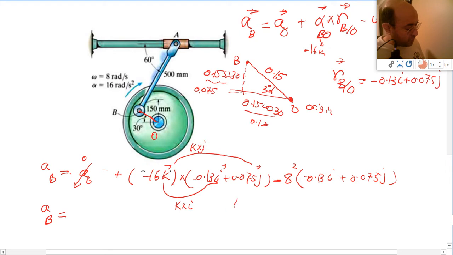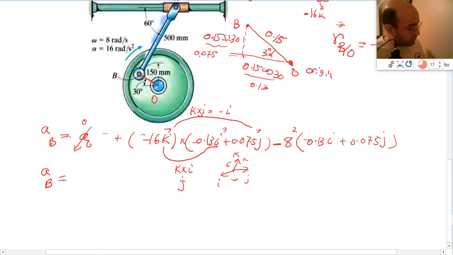I'm going to draw the little guy here as a reminder: I, J, K. I'm going to go this way. So K cross I, if you go from K to I, is going to be positive J. That's easy. Then K cross J, I'm going to go from K to J, so that will be negative I. So if I simplify this, I'm going to get minus 16 times minus 0.13.